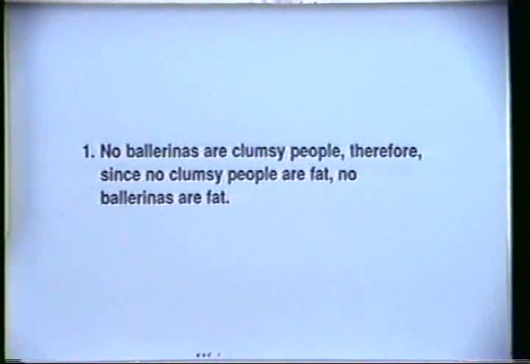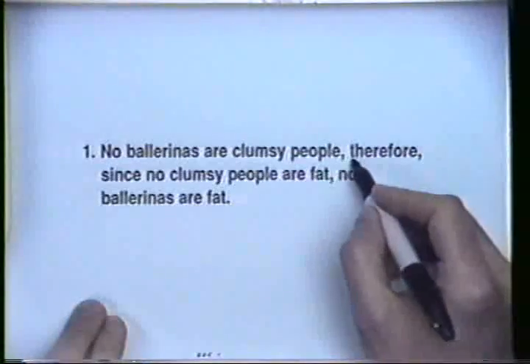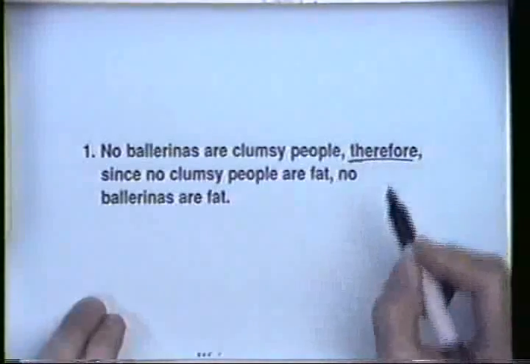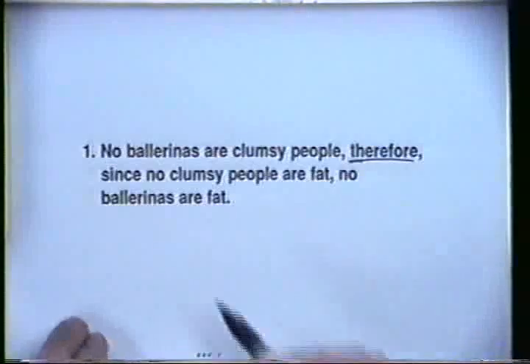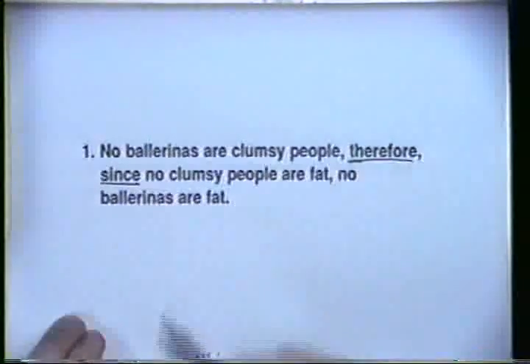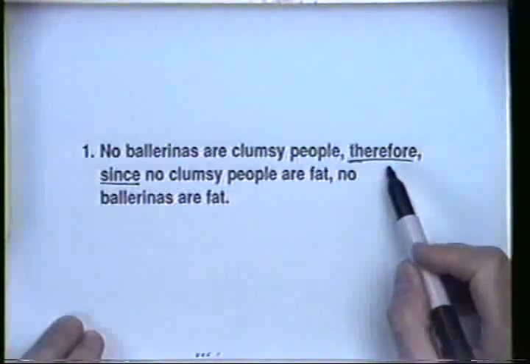Therefore, since no clumsy people are fat, no ballerinas are fat. Well, in doing these problems, the first thing that you need to identify is the conclusion. Look for the conclusion indicators. Here we have therefore, obviously a conclusion indicator, but notice in this question, it's followed immediately by since, which is a premise indicator. So this is a bit confusing, isn't it?